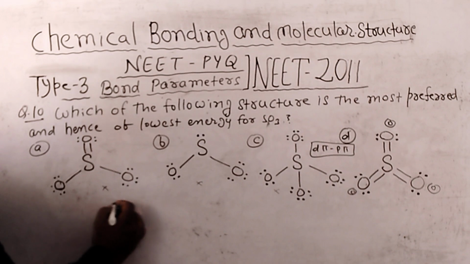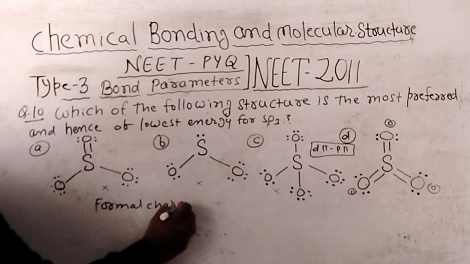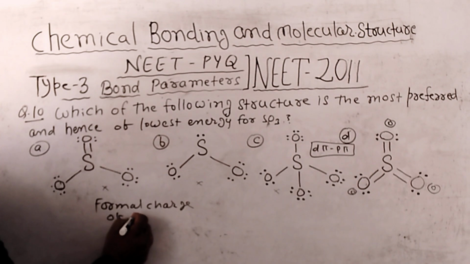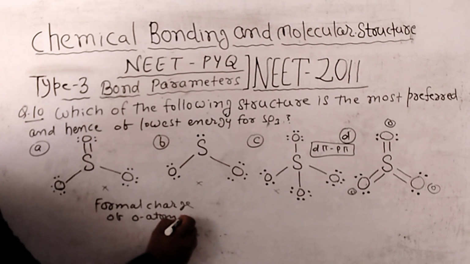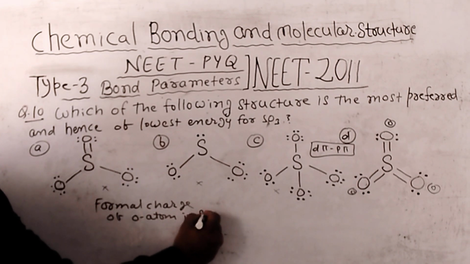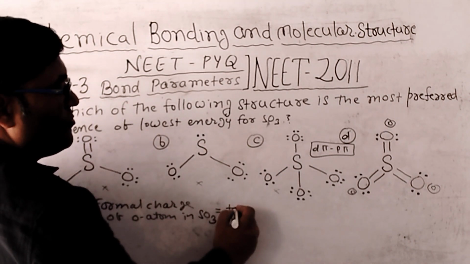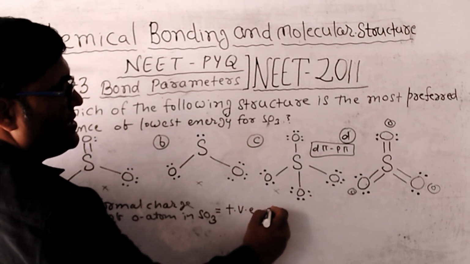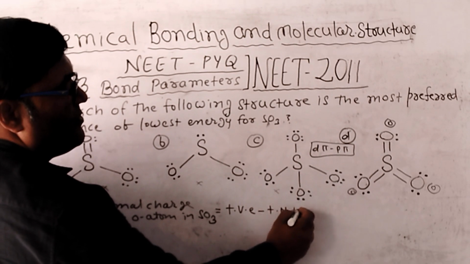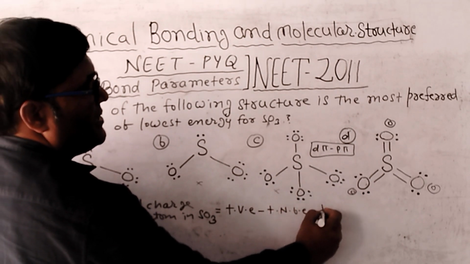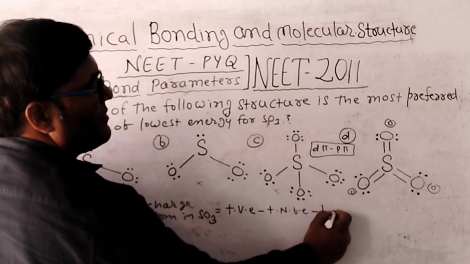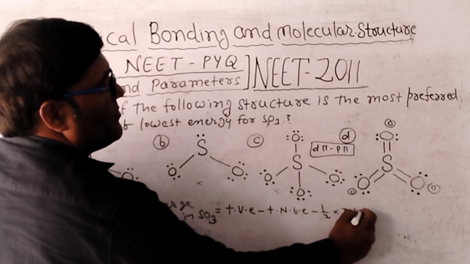For calculation of formal charge of an O atom in SO3, it is equal to total valence electrons of oxygen minus total non-bonded electrons of oxygen minus half into total bonded electrons.